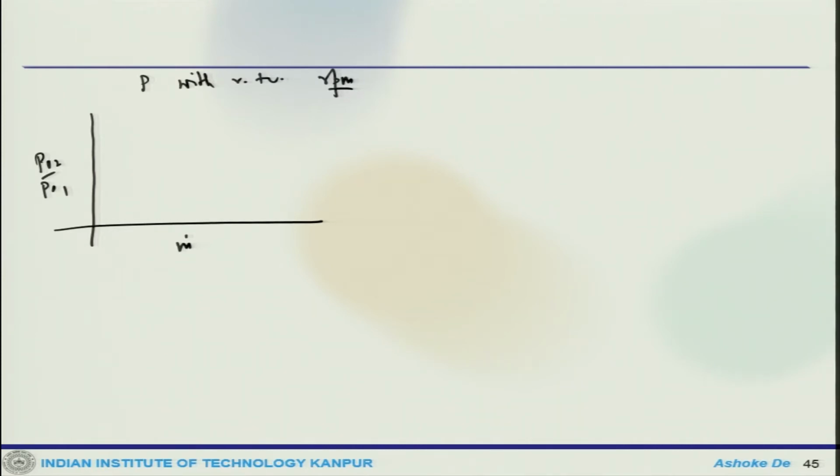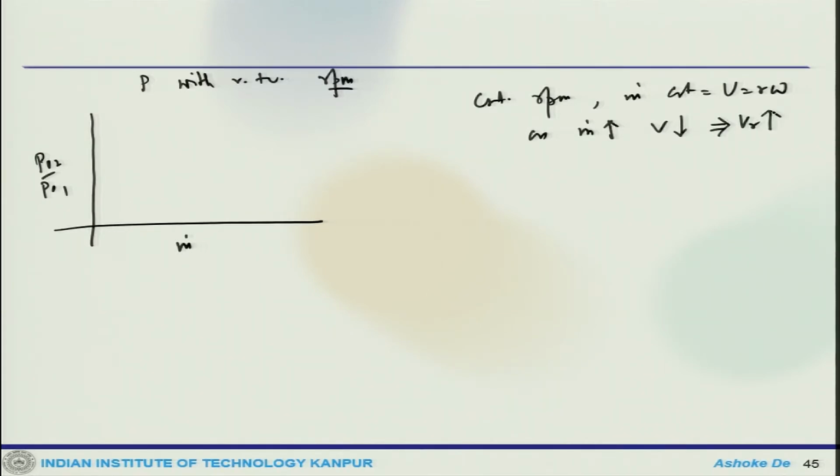Okay. So, we have constant RPM, where u is r omega. As m dot increases, V decreases, which means V r increases. So, there would be changes in the angles.